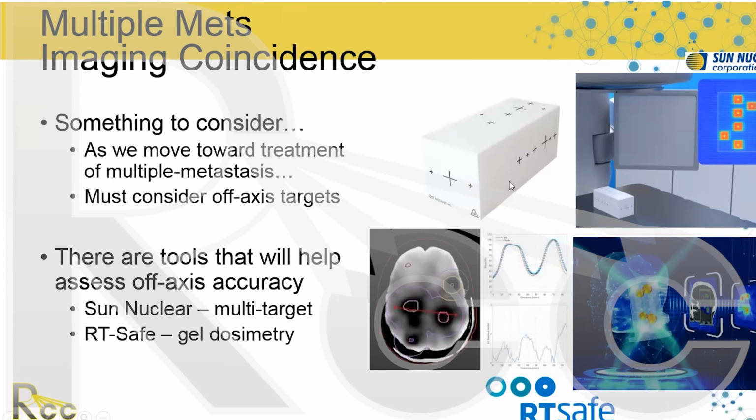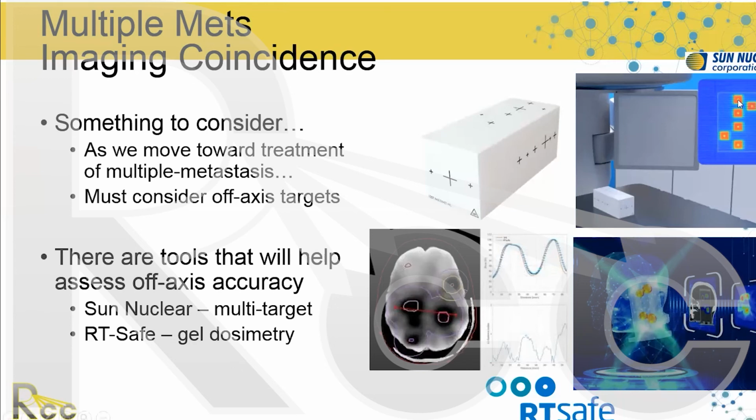This is a Sun Nuclear tool. There's RT Safe, which uses gels, but this Sun Nuclear tool has multi-target, and you're essentially doing several different Winston-Lutzes. By assessing our systems, what we've realized is that our margins are different. We increase our margins the further we are from isocenter.